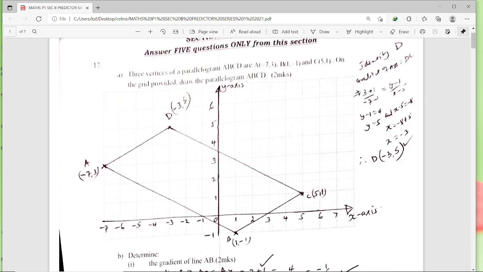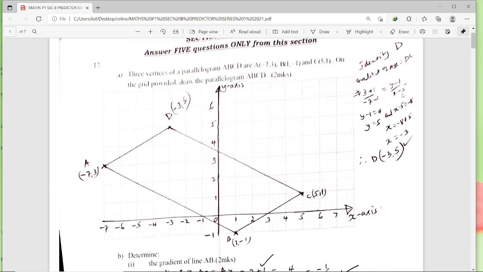So we equalize the numerator and also the denominator. 3 plus 1 equals y minus 1. Because 3 plus 1 is 4, you bring 1 to the other side, so y becomes 4 plus 1, which is 5.